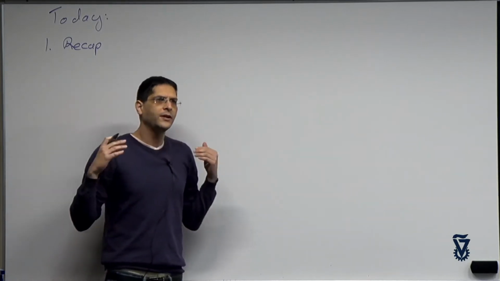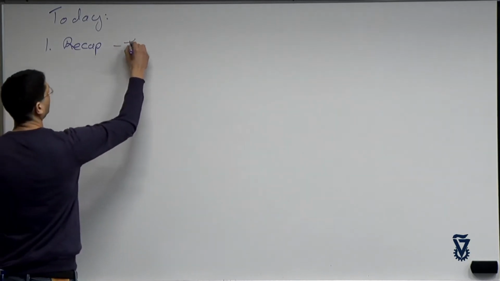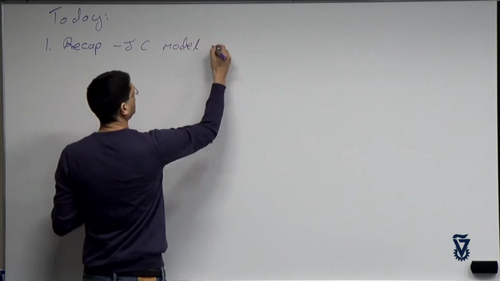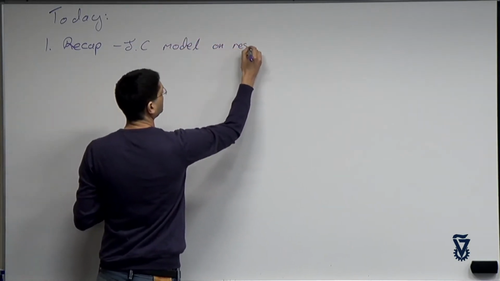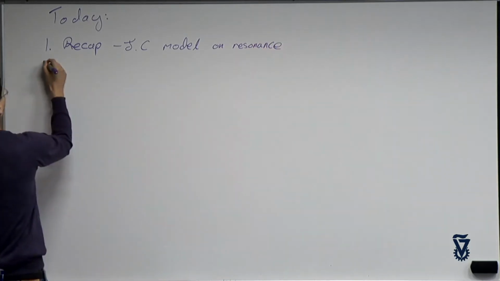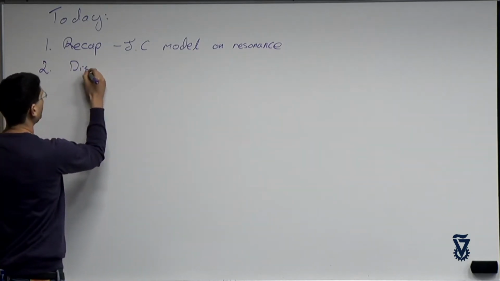So first we're going to do a recap of the JC model on resonance. Afterwards, we're going to move to the dispersive regime.